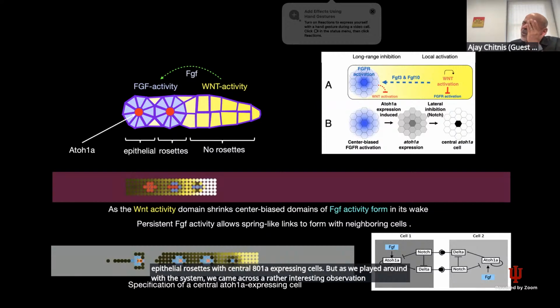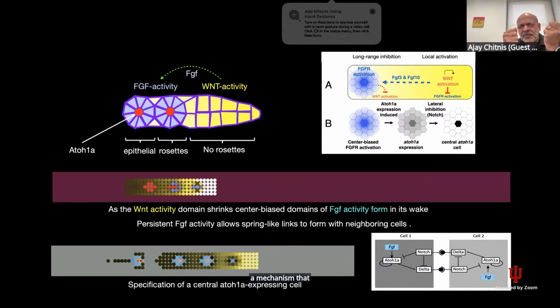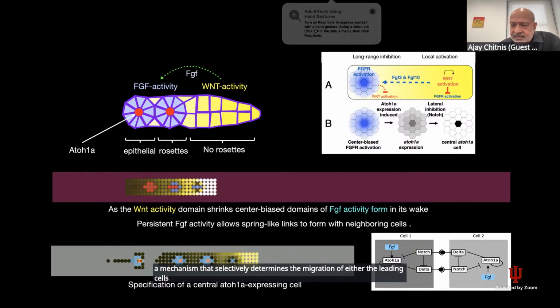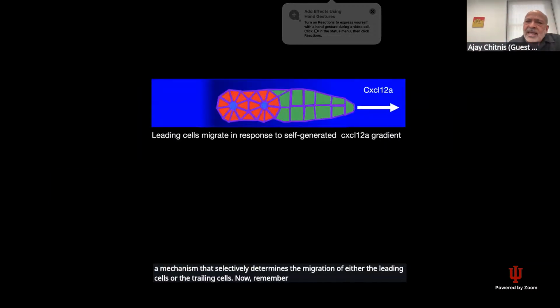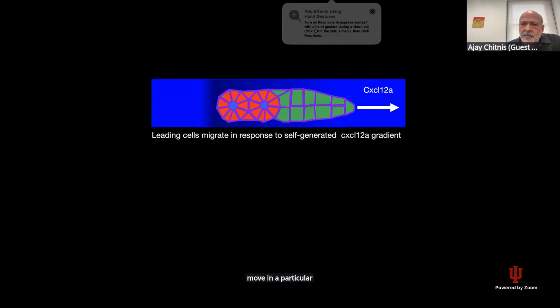And it's related to how the number and size of these rosettes change when you interfere with the mechanism that selectively determines the migration of either the leading cells or the trailing cells. Now, remember, I told you that the leading cells move in a particular direction in response to this self-generated chemokine gradient.